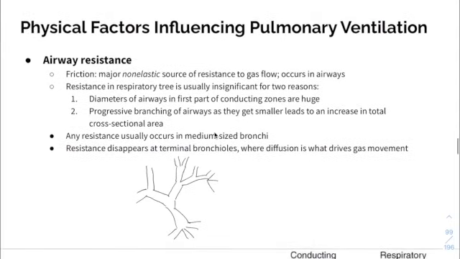We start to see air resistance occur in those medium-sized bronchi. But by the time we get to those terminal bronchioles, because they've branched off so many different ways, resistance gets smaller again. It drops. So as air flows from those terminal bronchioles into the alveoli, we're moving to where gas exchange actually occurs.